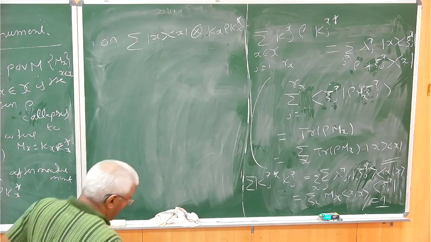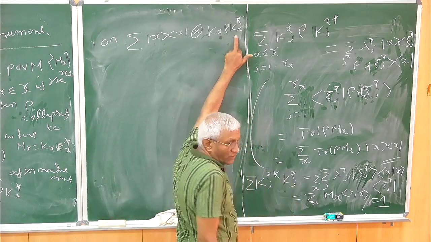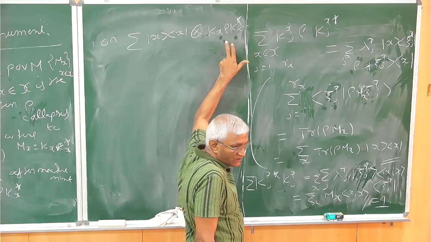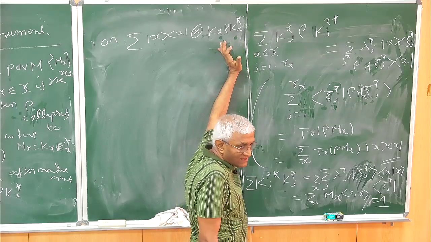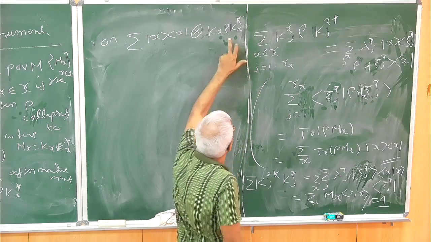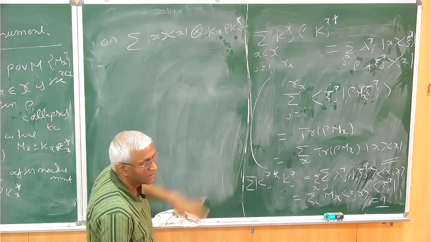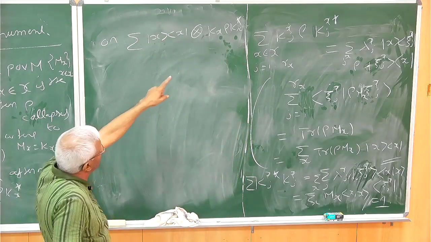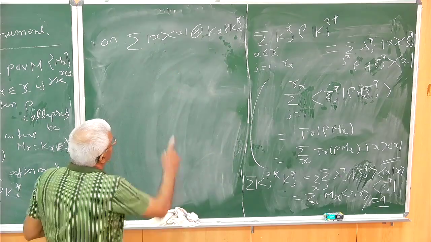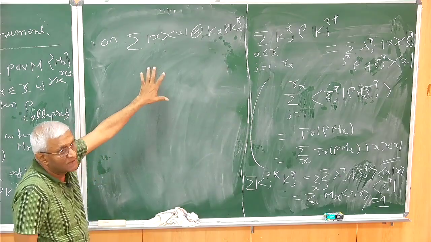But notice that this map, rho going to Kx rho Kx star, is a completely positive map. It's not trace preserving, but it doesn't increase the trace. It can decrease the trace, or it may be equal; if it is equal, everything else should be 0. So this is a non-increasing CP map.